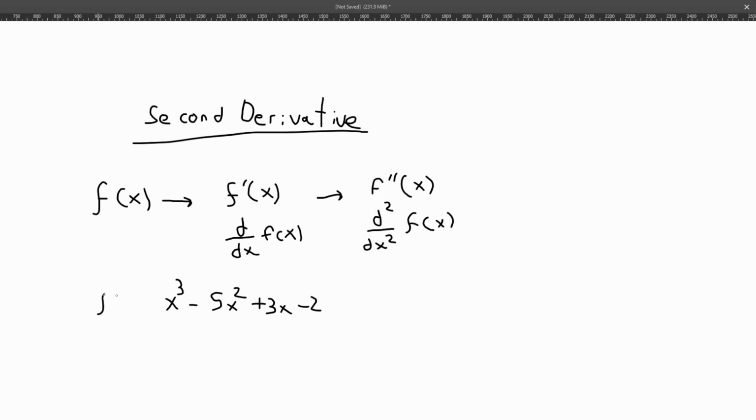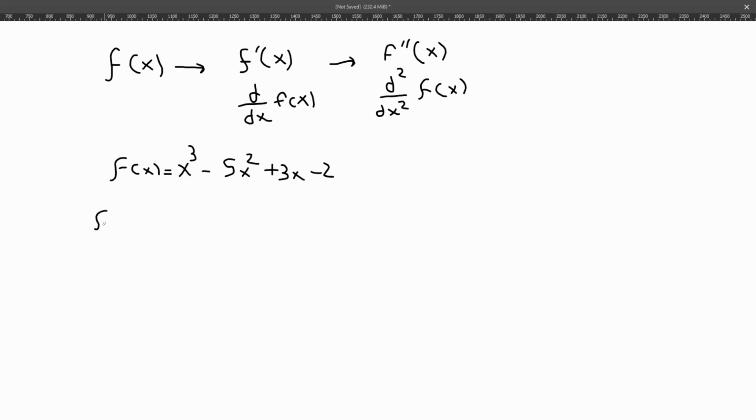So we know that the first derivative is going to be equal to 3x squared minus 5 times 2x, so minus 10x, plus 3 and plus 0 from this. So the second derivative of f of x is going to be equal to 3 times 2x, so 6x, minus 10. And that's how we find the second derivative.